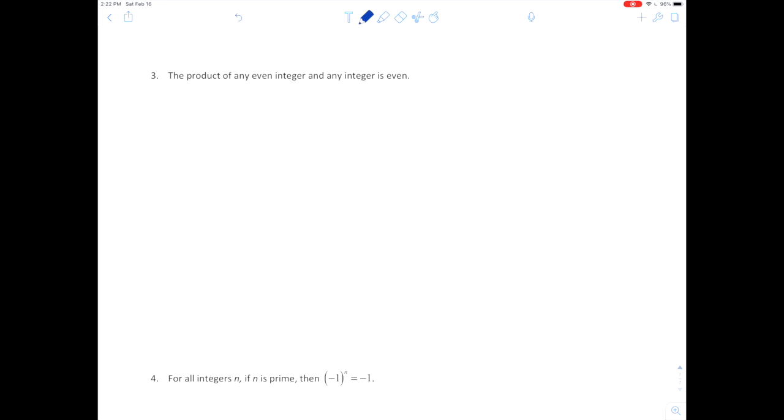What if your integer is 4, for your even integer. And let's try another even. 4 times 8 is 32, which is even, right? Because you could write that as 2 times 16, so that works. How about an even and an odd? So 4 times 5 is 20, which is even. So I think this is true.